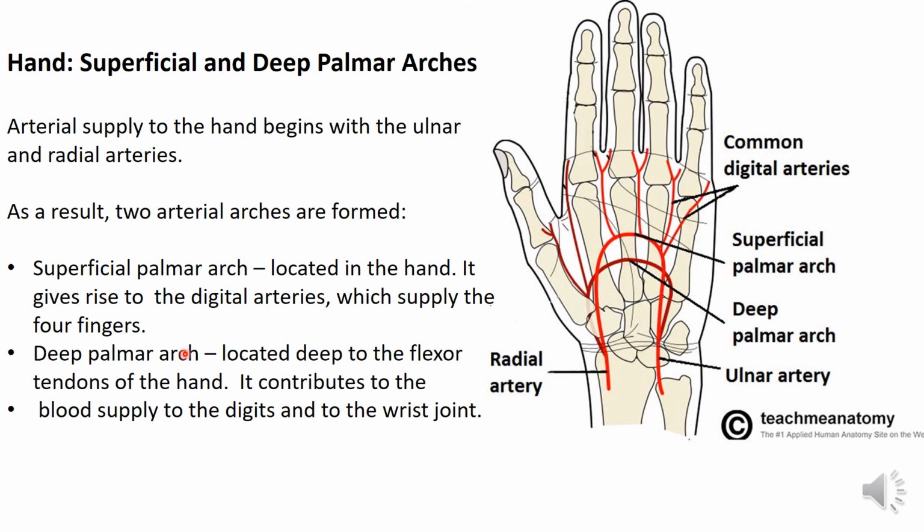The deep palmar arch is located deep to the flexor tendons of the hand. These arches, this is the superficial arch, this is the deep palmar arch. Both of these arches are formed by radial artery and ulnar artery. The radial artery continues and unites with the ulnar artery to form superficial palmar arch. The common digital arteries originate from the superficial palmar arch.